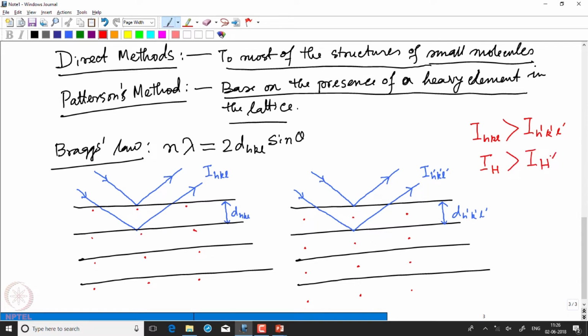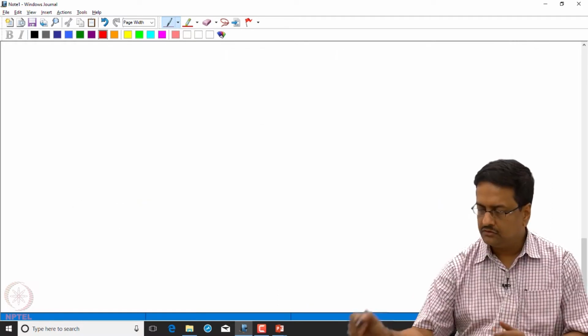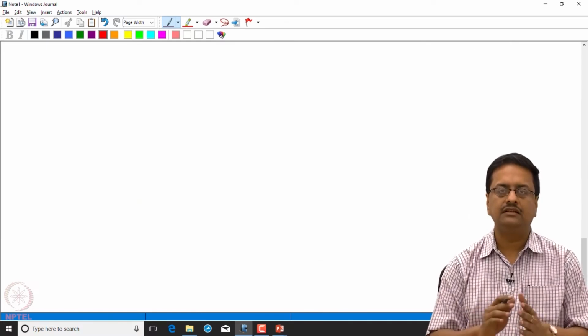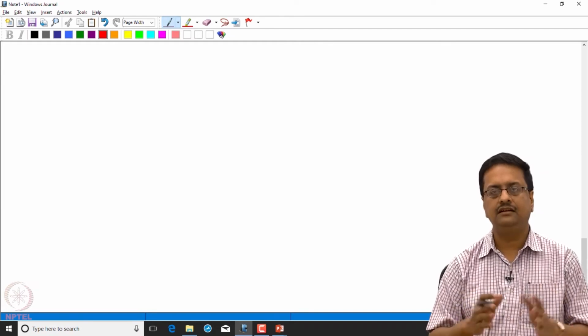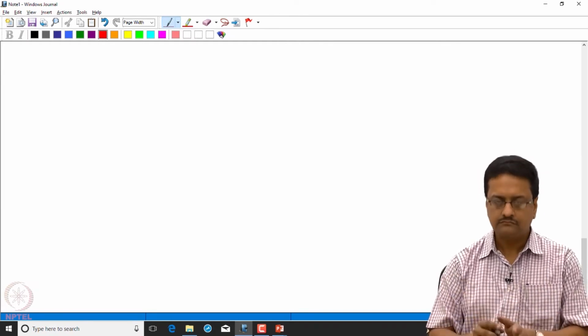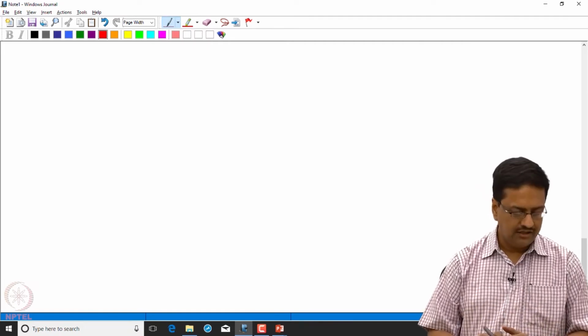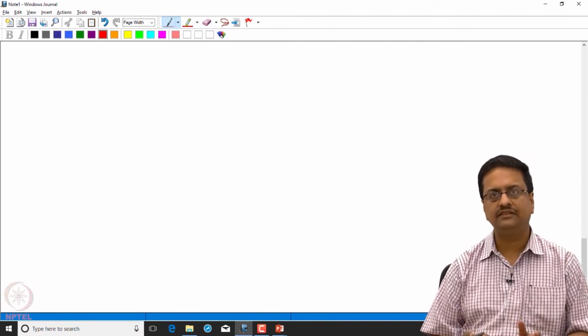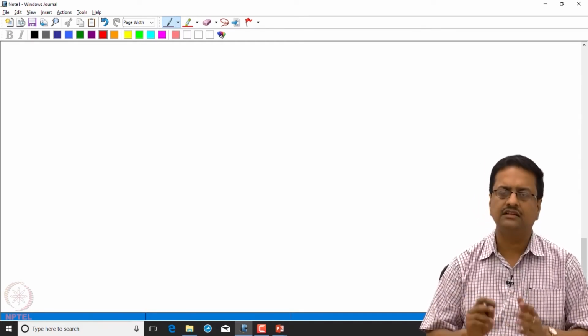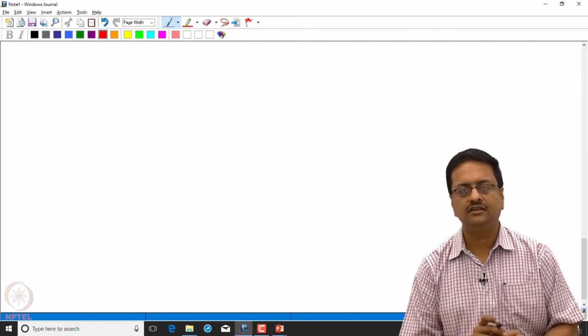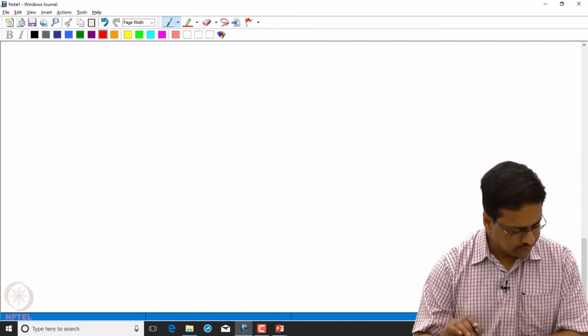For two different sets of planes, these intensities will be largely different. Our aim is to compare the diffracted intensities from different sets of planes and try to find relationships between them, and to see if we can get the phase of one such reflection, whether we can get the phase of the other reflections, of either another large intensity or another small intensity peak.